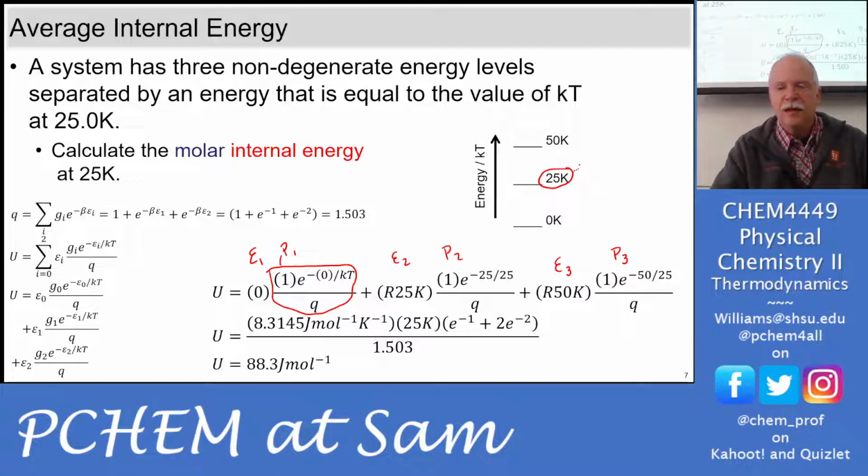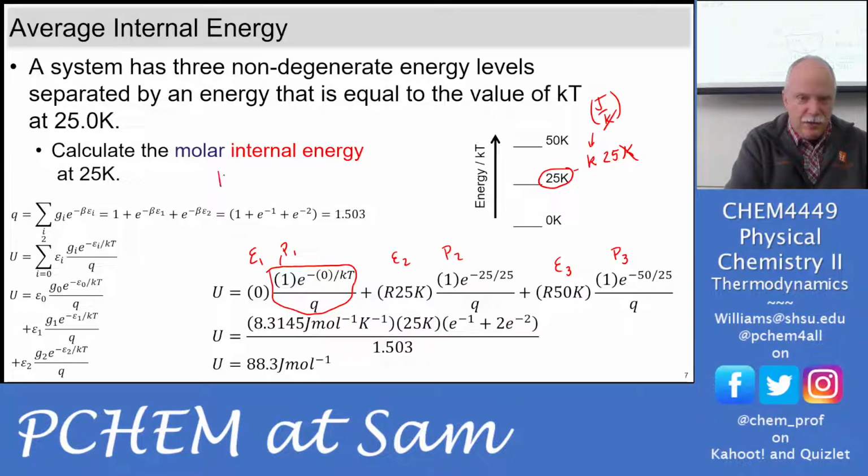Instead of calculating that K times 25 Kelvin, K is in joules per Kelvin units, right? And that's going to cancel this Kelvin and give us joules. But that's not joules per mole. So then I could multiply this by Avogadro's number and get joules per mole.